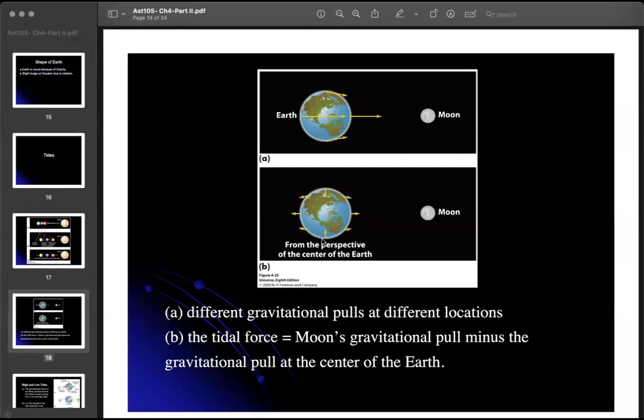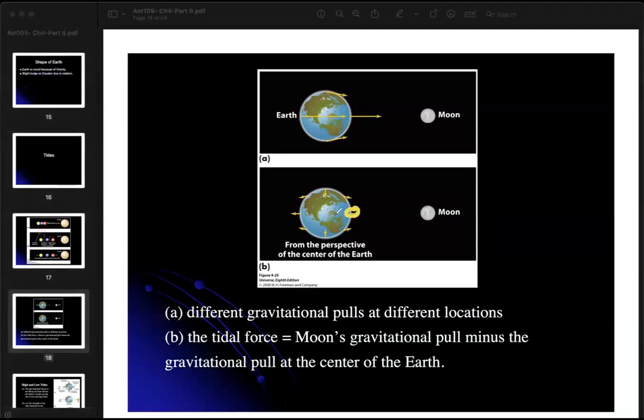However, the water in the oceans gets affected by this. And so along the line joining to the moon, this region here, the water rises up. This region, water rises up. And here the water falls.